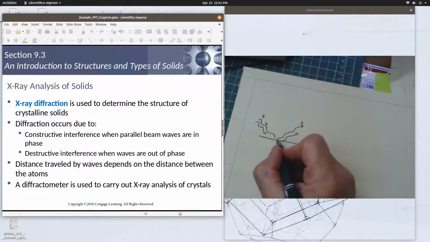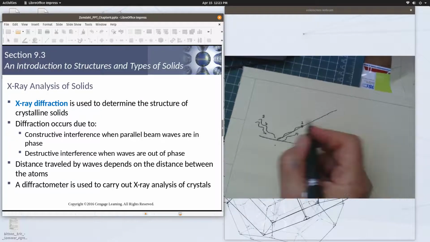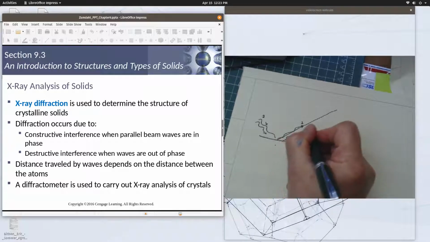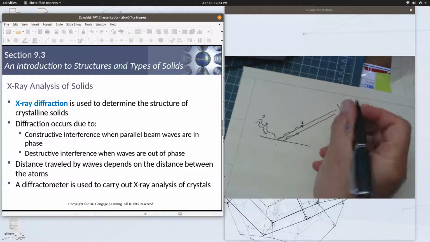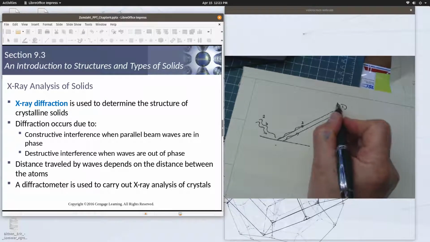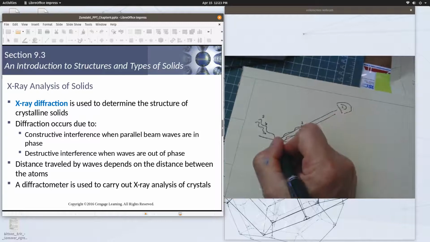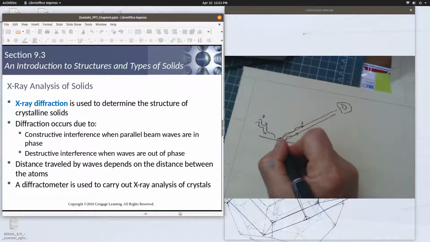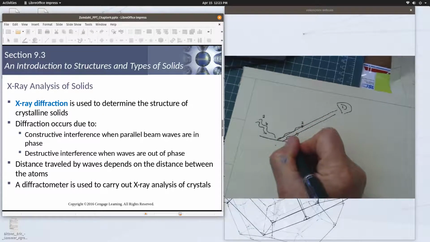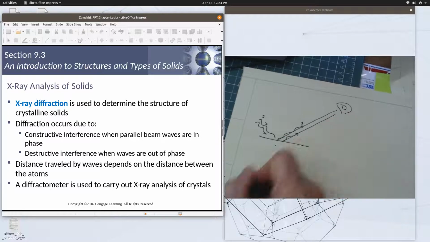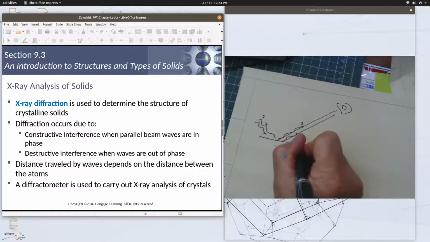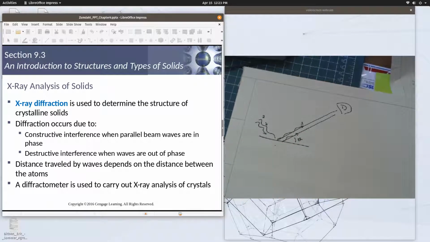So if I look at the path length of this X-ray versus the path length of this X-ray going up to some sort of detector over here, the path length of this photon is a little bit longer, or maybe a little bit shorter than that of this photon. And there's an angle that I scattered to, angle theta.